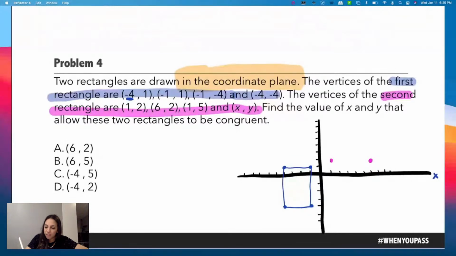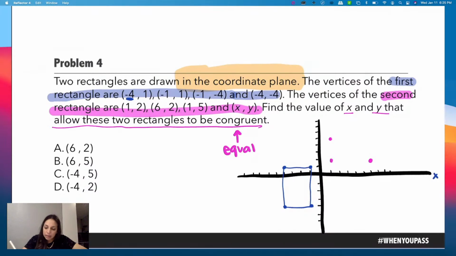Over 1, up 5. 1, 2, 3, 4, 5. Find the value of X and Y that allow these 2 rectangles to be congruent. What does congruent mean? Equal.